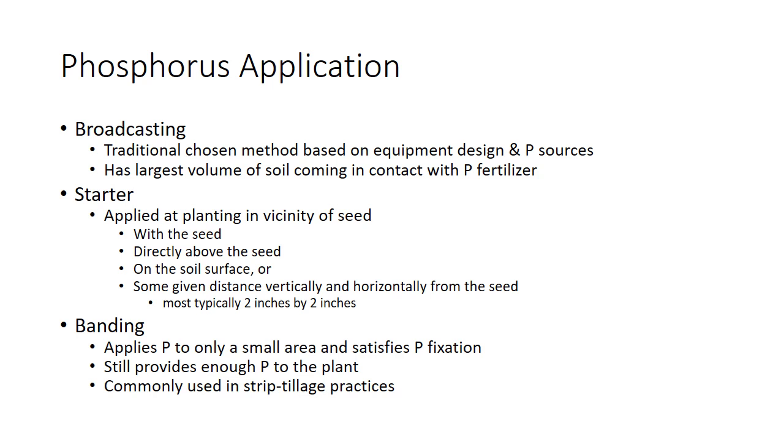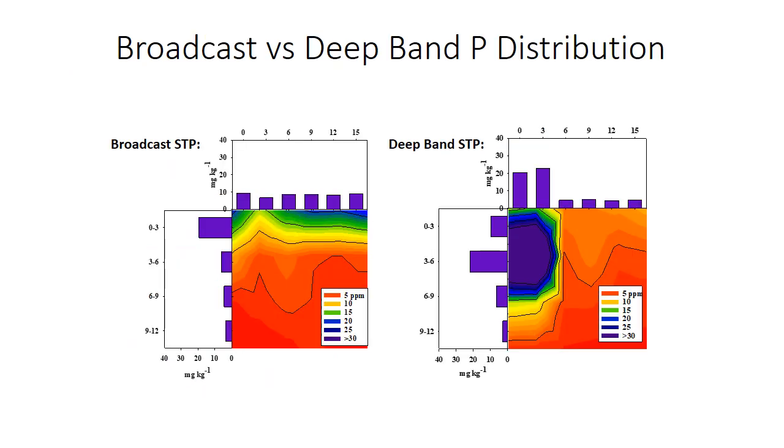With broadcast phosphorus, you have a lot more phosphorus applied across the entire surface, and so if any of that is eroded, you're losing the phosphorus. But in a banding scenario, most of the phosphorus is below ground. So if there is some erosion, you're less likely to lose as much phosphorus, and there's less potential for pollution of phosphorus.